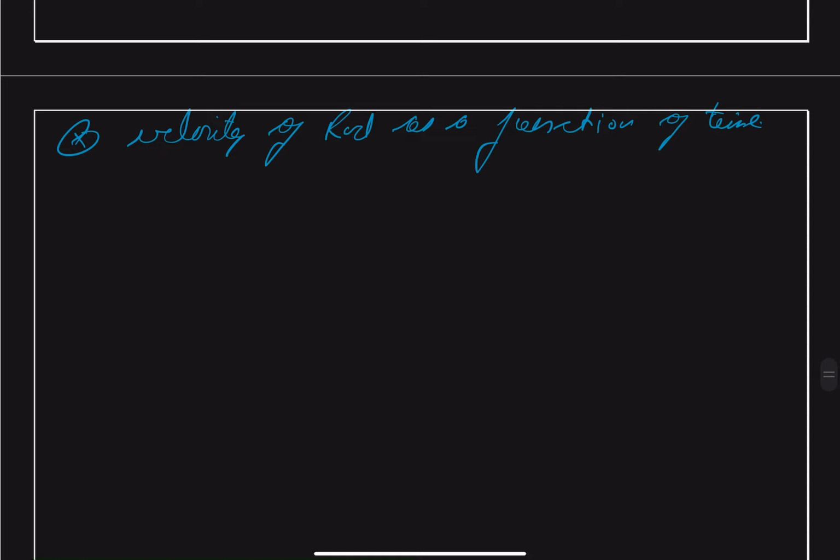So we have that the rod is moving towards the right side, and we have a magnetic field which is directed into the paper. Because of this there will be a force acting.